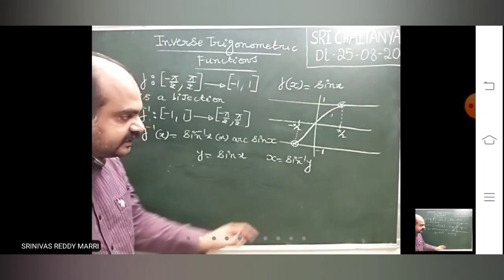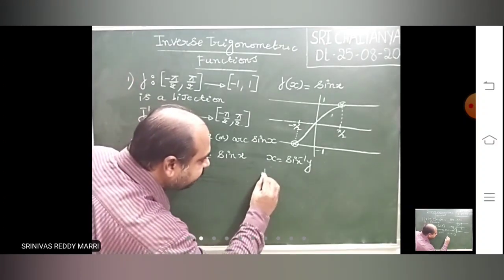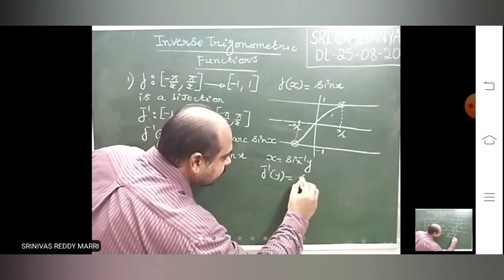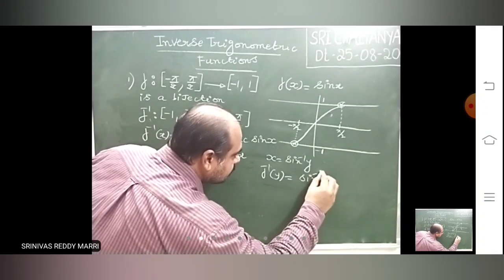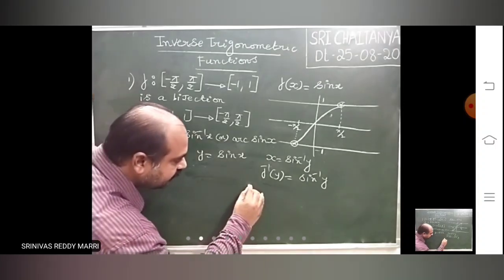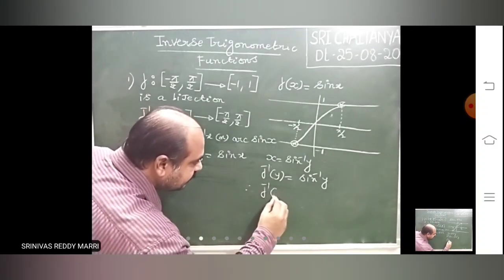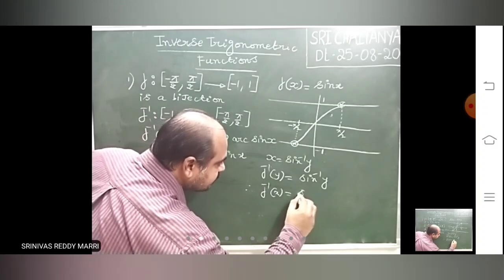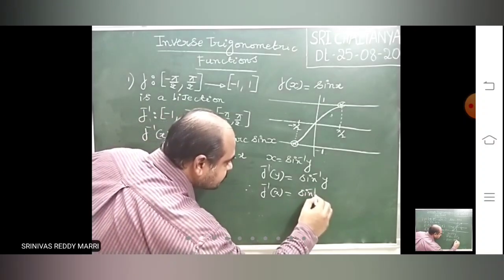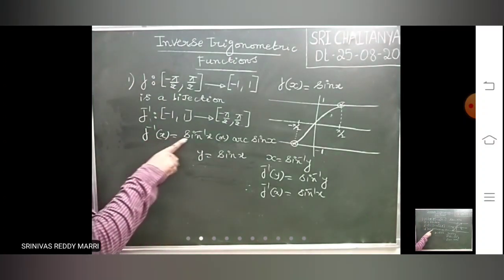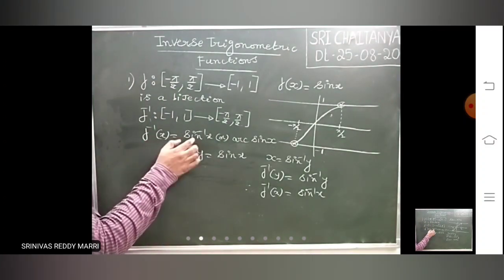So x in terms of y, this we will take as f inverse y. Therefore this function is denoted like this. This function is nothing but sine inverse x. So f inverse x equals sine inverse x.